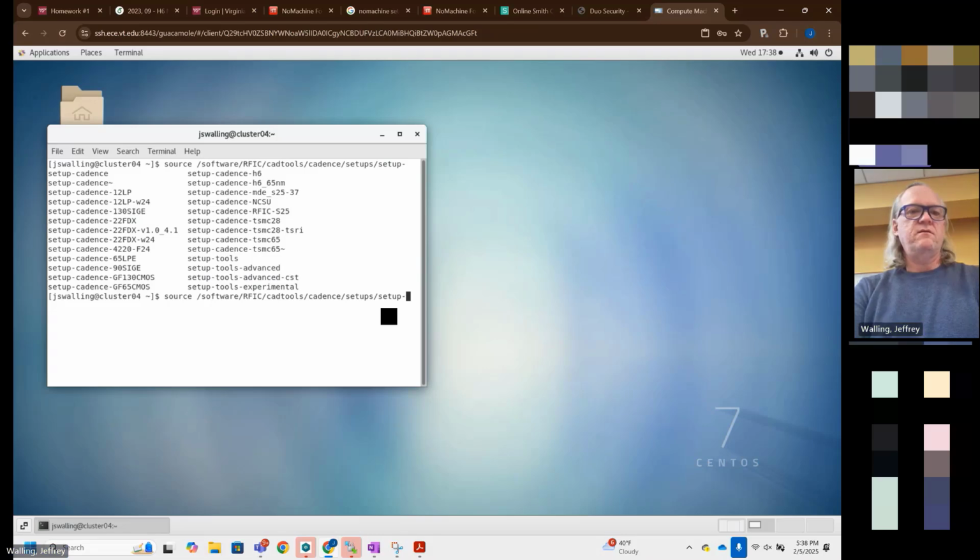Setup Cadence RFIC. If you haven't used Linux before, I highly recommend using the console as much as possible. There are little shortcuts like hitting the tab key to speed things up.